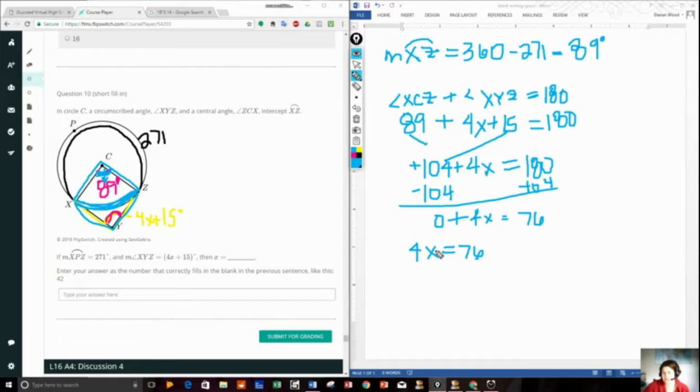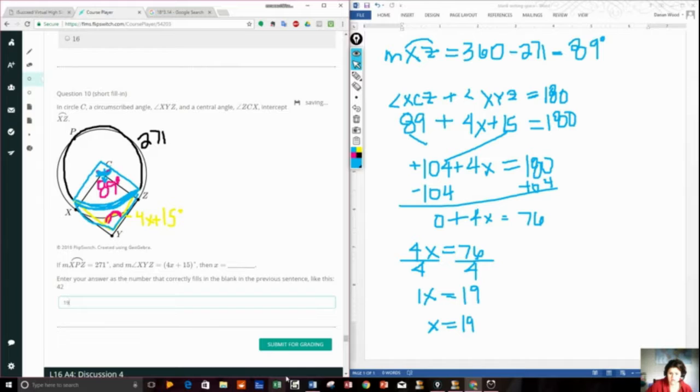And then 4 is multiplying by x, so we're going to divide by 4. 4 divided by 4 is 1x equals 76 divided by 4 is 19. So x is equal to 19. Again, we have that ninja 1 there. So x is going to equal 19. Submit for grading.